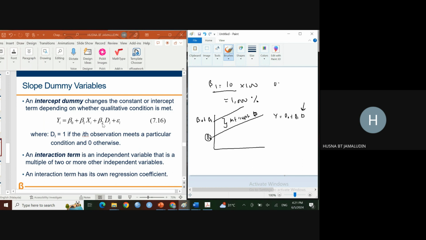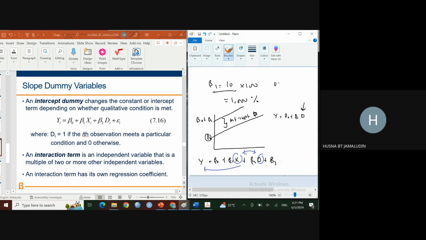Interaction term, as I mentioned, is the interaction between two or three or more variables. For example, you believe that x and D are interacted with each other, so you will have another function. y equals beta naught plus beta 1, the impact of x on y, plus beta 2, the impact of D on y, plus beta 3, because you believe that x and D are interacted, and these two joined together may have an impact on your y.